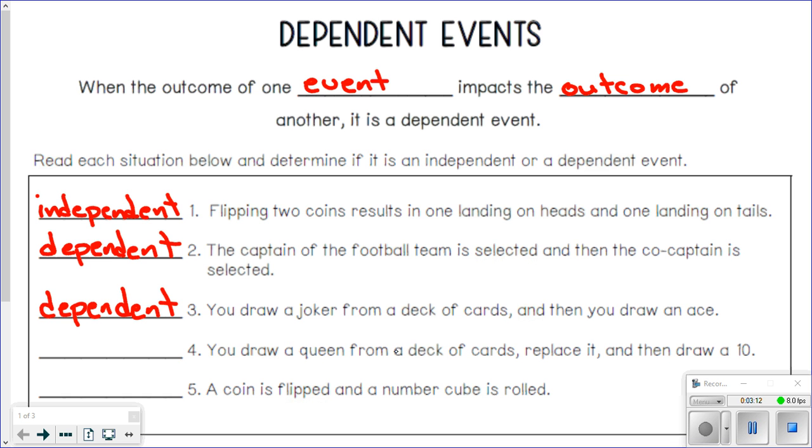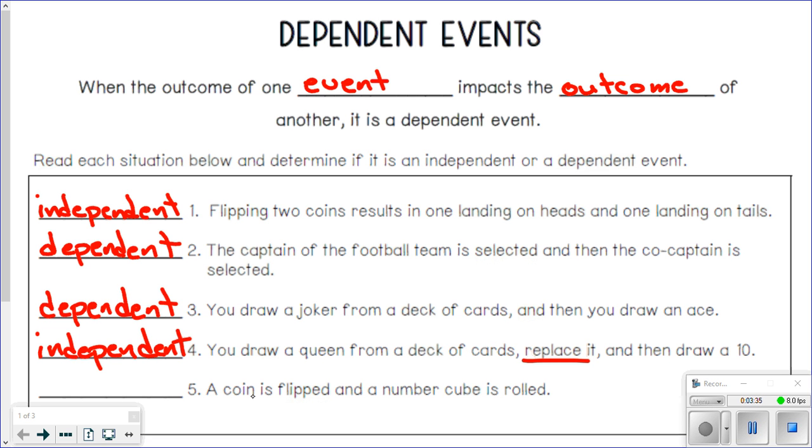You draw a queen from a deck of cards, replace it, and then draw a 10. The fact that you replaced it makes that independent, because all the cards are back in the deck because you stuck the queen back in there.